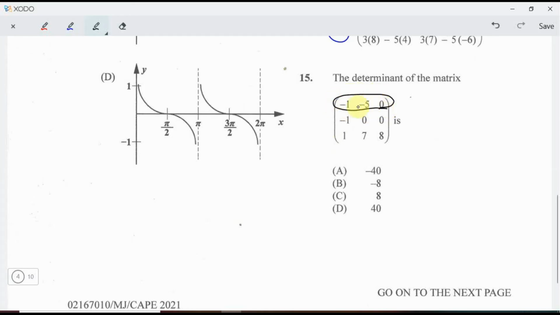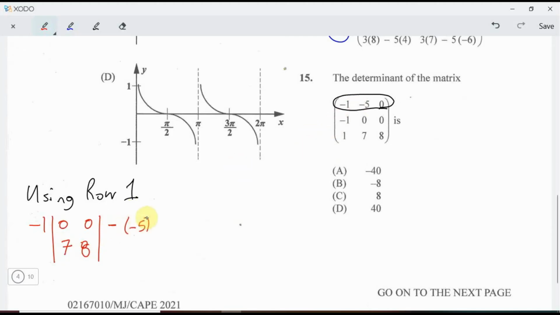So using row 1, the determinant of the matrix is negative 1 times the determinant of what's left when you cross out the row and the column with that negative 1 in it. You're left with 0, 0, 7, 8. Then you have minus negative 5 times the determinant of what's left when you cross out the row and the column with negative 5 in it.